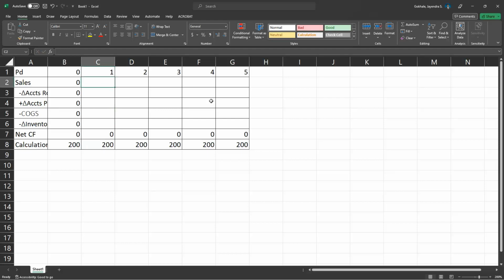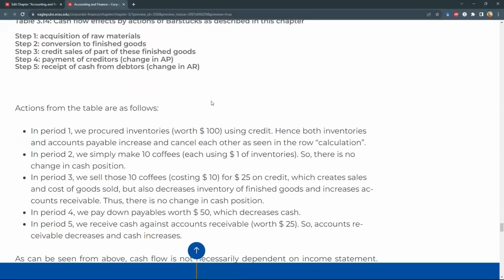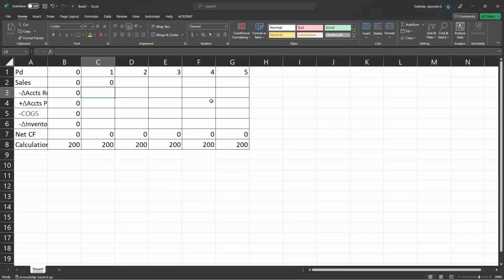In period 1, we did not make any sales. We procured inventory using credit, so our accounts payable went up by $100. Our cost of goods sold did not change because we didn't make any sales, and our inventories went up by $100.